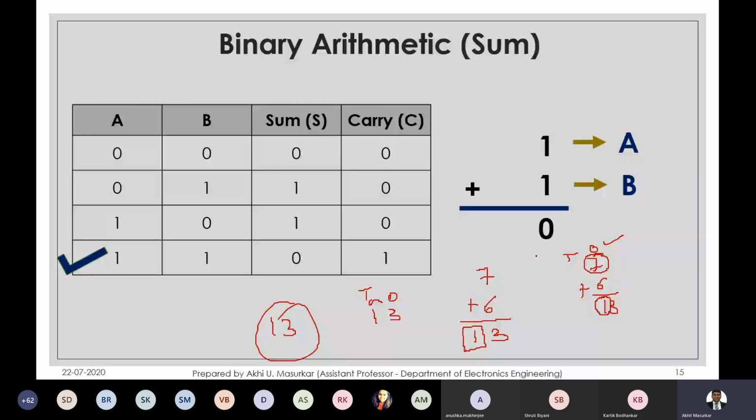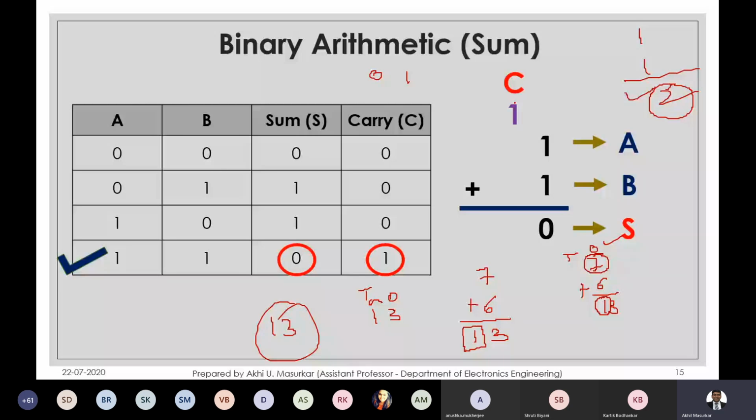Similarly, in binary, what is 1 plus 1? 1 plus 1 is 2. But in binary, we have only 2 digits, that is 1 and 0. So we cannot write 2 here because it is an invalid number in binary. So what do we do? 1 plus 1 is 2 only, but how do I write it? I'll write here 0, and here I'll say carry is 1, and I'll write that 1 here.